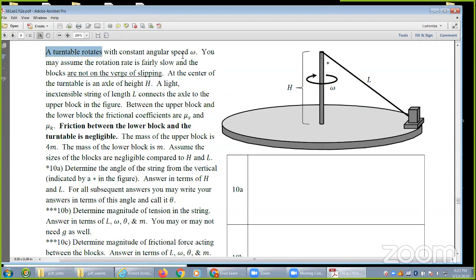Okay, it's moving with constant rotation rate. Is it accelerating? Hmm. Any other thoughts? Take a guess, Jay. If you're moving with constant speed, are you accelerating? Yes, for circular motion, right?